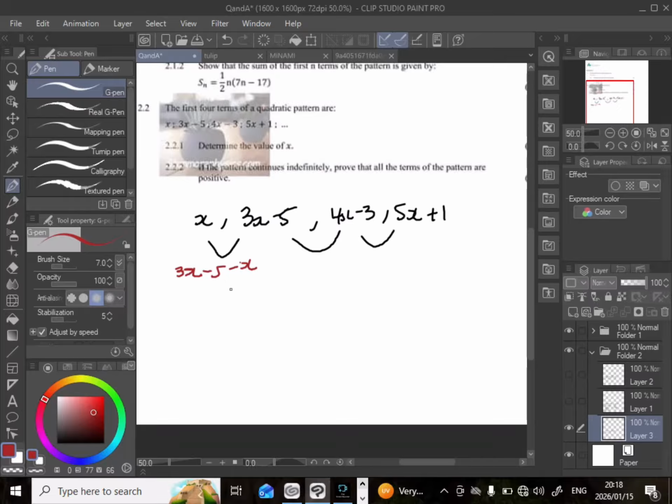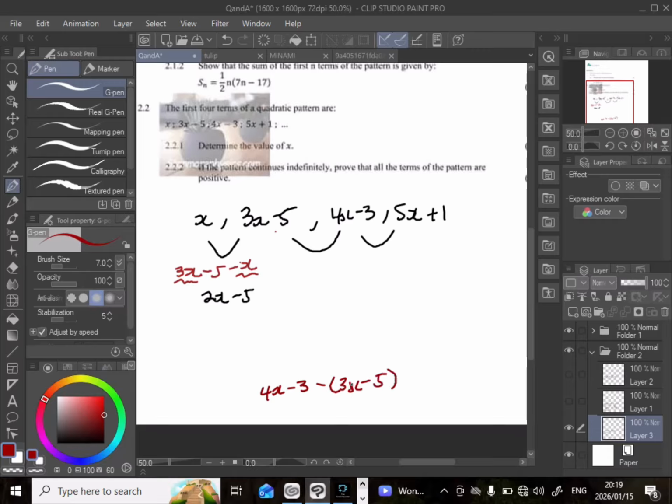Remember, it's the like terms here and here, so the first term in the first difference is 2x minus 5. Remember that. Let's try this one also. It's 4x minus 3 minus, into minus, so it's 4 and 3, which is 3, and then this will be positive 2.